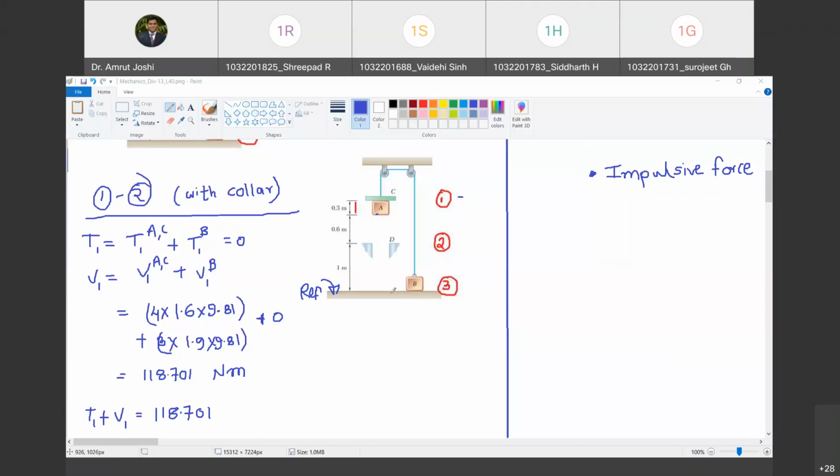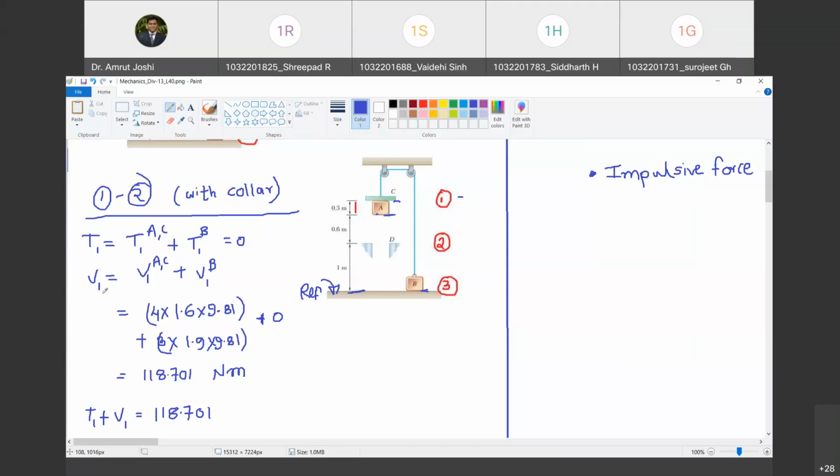Let us consider this point as the reference, and we will always look at the bottom surface of all the members. We will assume that the entire object is concentrated as a particle at the bottom surface of all these objects.